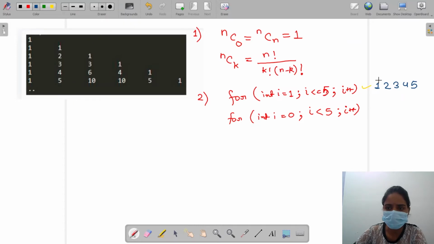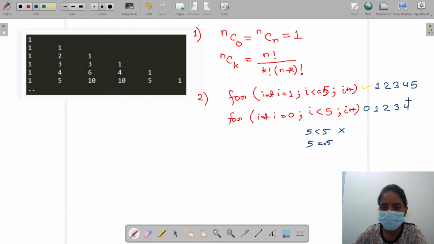Fine, count the number of cycles now: 1, 2, 3, 4, 5. This for loop runs 5 times. What about this for loop? i is starting from 0. 0 is less than 5, condition true, first time. 1 is less than 5, true. 2 is less than 5, true. 3 is less than 5, true. 4 is less than 5, true. 5 is less than 5? No, 5 is not less than 5, 5 is equal to 5. So this for loop won't work for i equals to 5.